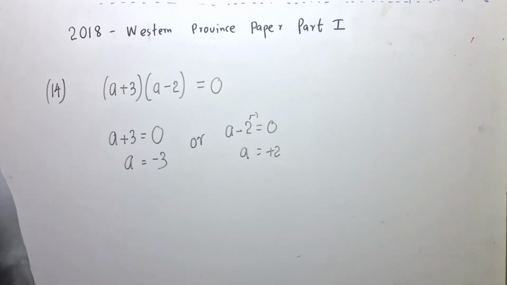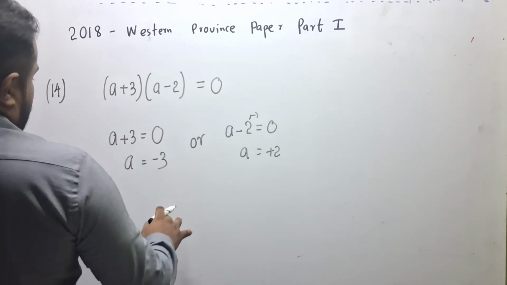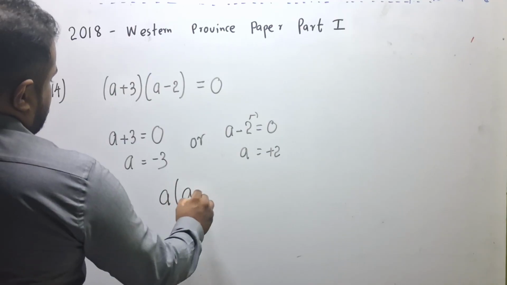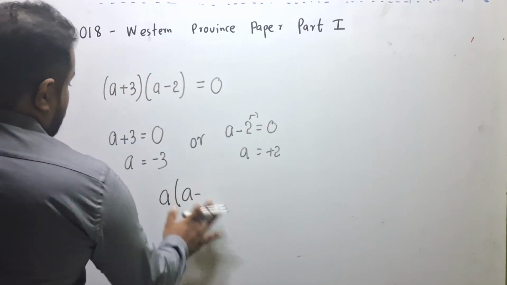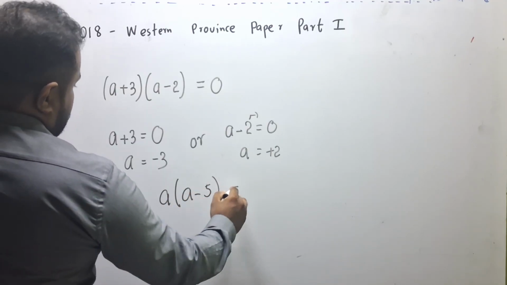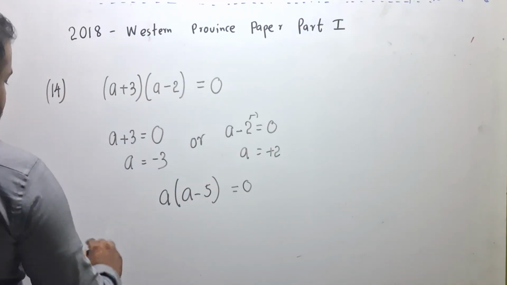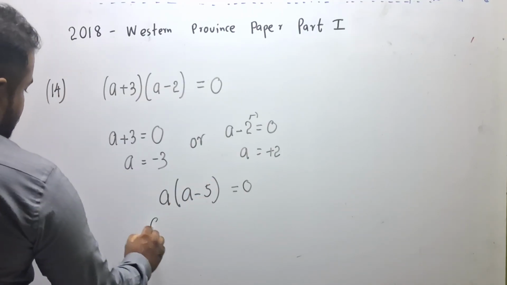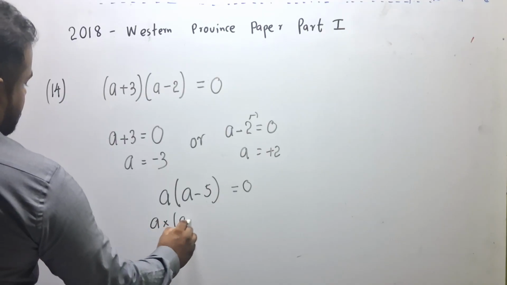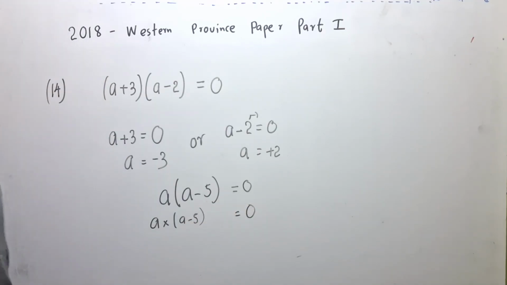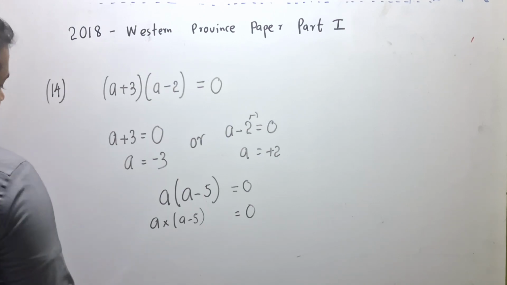I'll give you another example for this. You may get a question like this: A(A minus 5) equals 0. In this case, what are the multiples? This bracket means multiplication. So in this type of question, what can be 0?